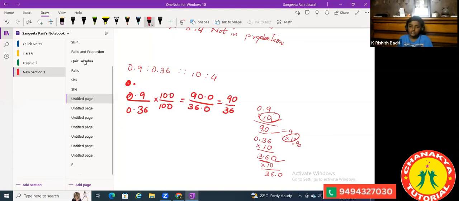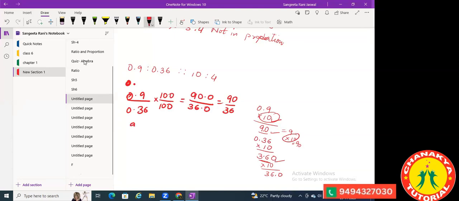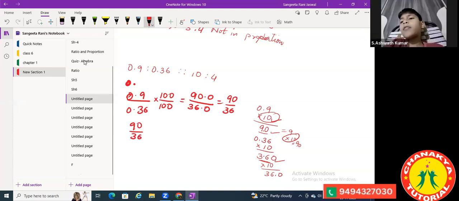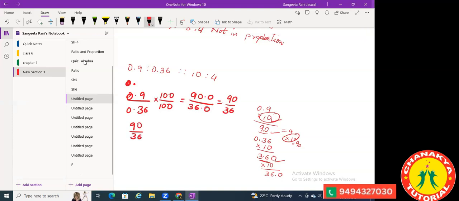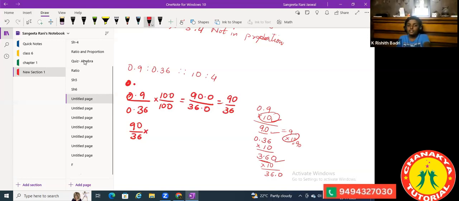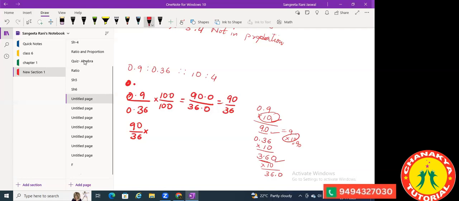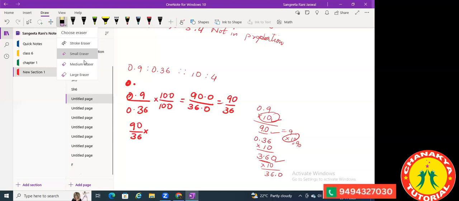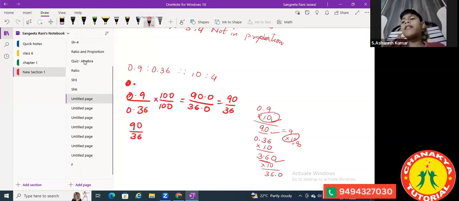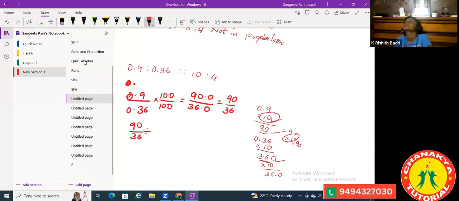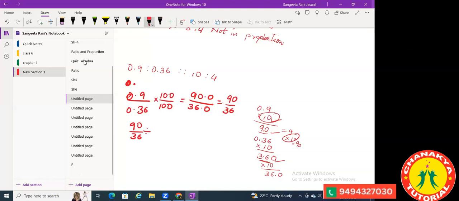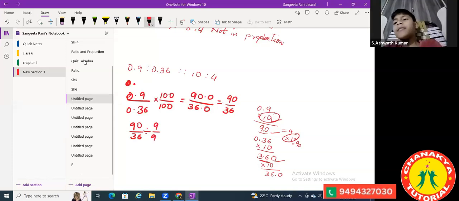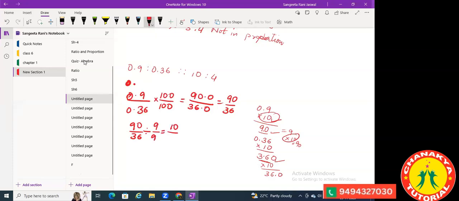Now 90 by 36 can be brought into lower form. Now we are back on the track. So how will we reduce it to lower form? Ma'am, by dividing with the highest common factor. We can divide with 9. Yes, you can divide with 9. If I divide by 9, I get 10 here, and 9 fours is 36.